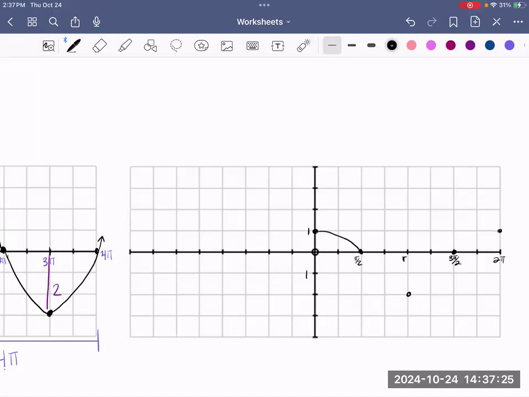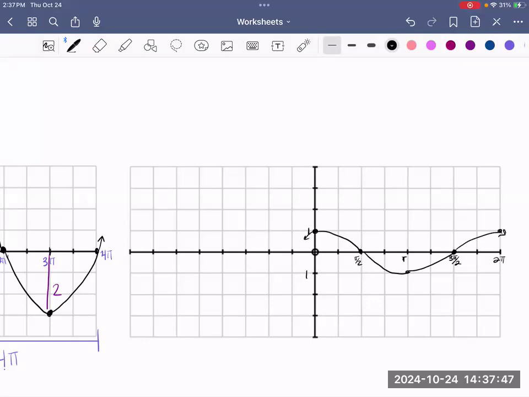So this was one full revolution. Oops, I went too far down on that one. Too far down, there we go. So this is one revolution with your cosine.